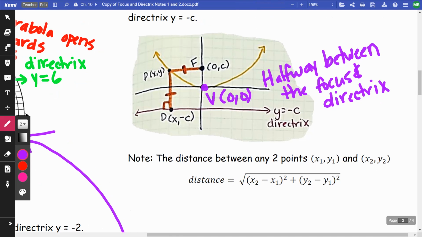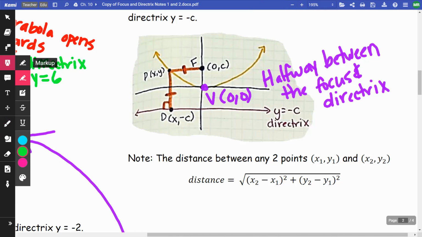In this picture, we have this point x comma y, we're calling it P. We have this point down on my directrix, which is straight down perpendicular, so it's going to have the same x coordinate as the point up here. That's why both of these have x as the x coordinate. But the y coordinate is going to be negative c because it's on the line y equals negative c. And then we have this point, which is our focus, which is 0, c.